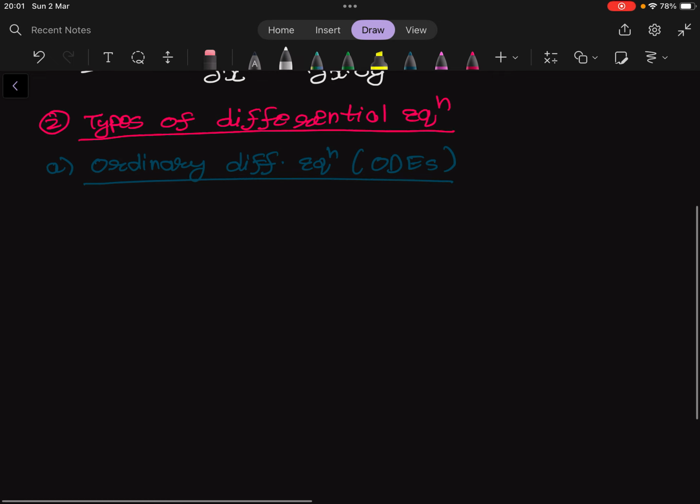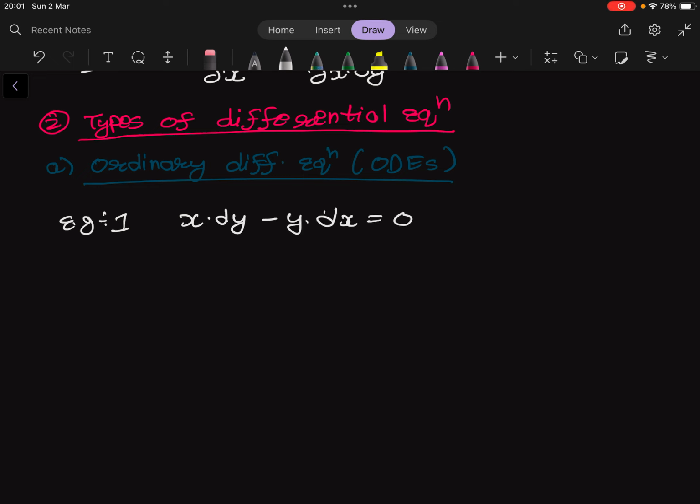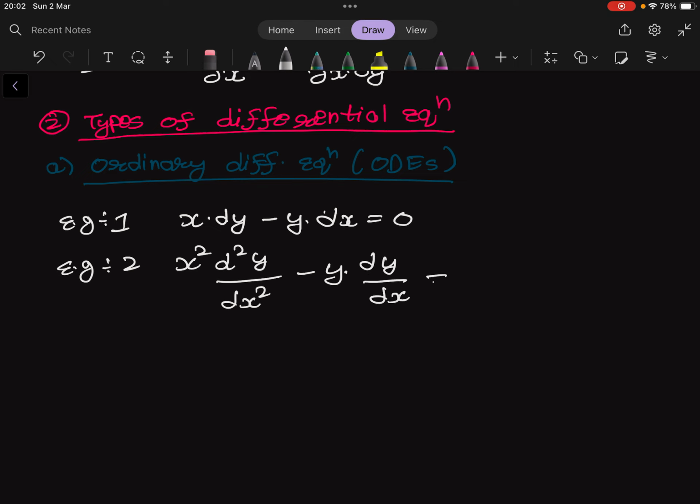Now we can represent ODEs by some examples. So I'll say example 1 as x dot dy minus y dot dx equal to 0. And the second example is x square d square y dx square minus y dot dy by dx equal to sine square of x.